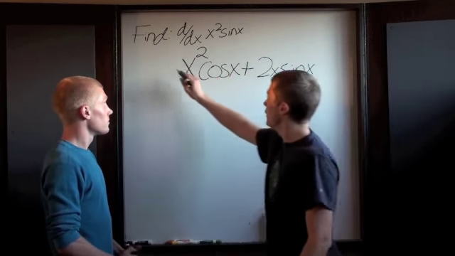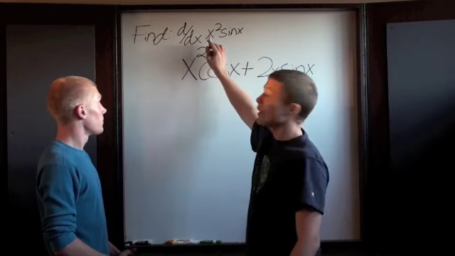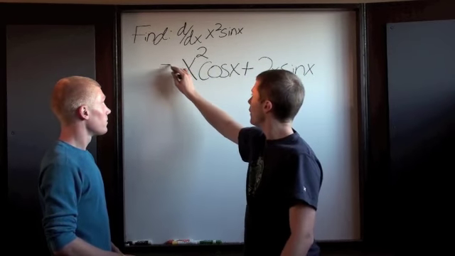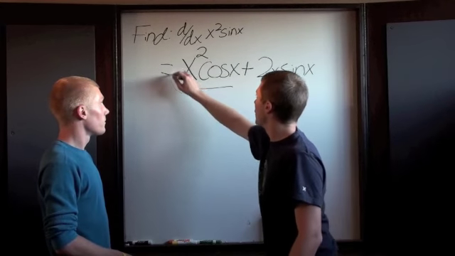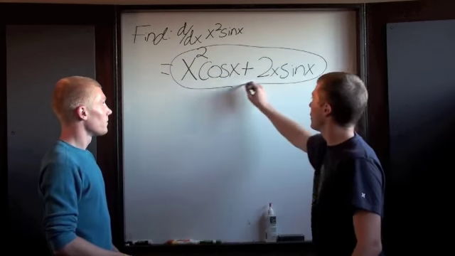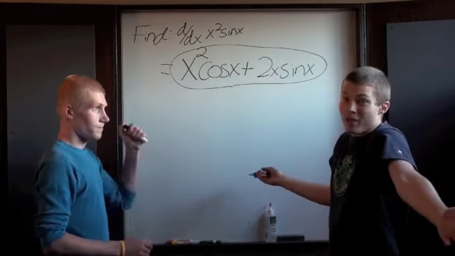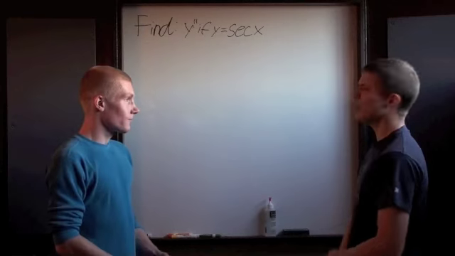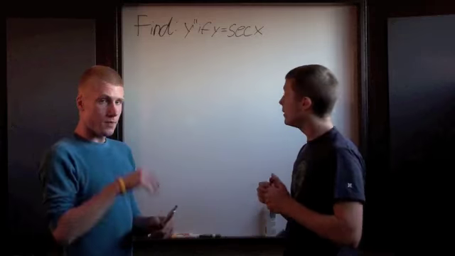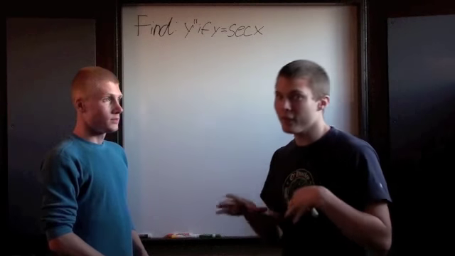Therefore, the derivative of x squared sine x equals x squared times the cosine of x plus 2x sine x. See? It's not that bad. There you have it. So, the first example wasn't too bad, but not everything is always quite as simple.